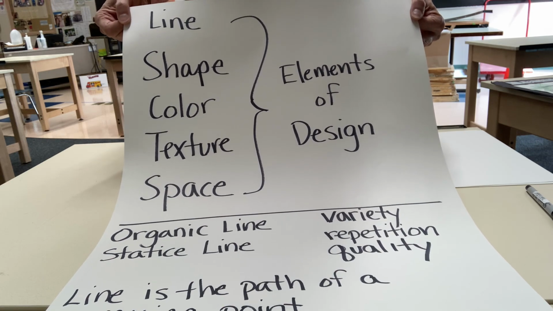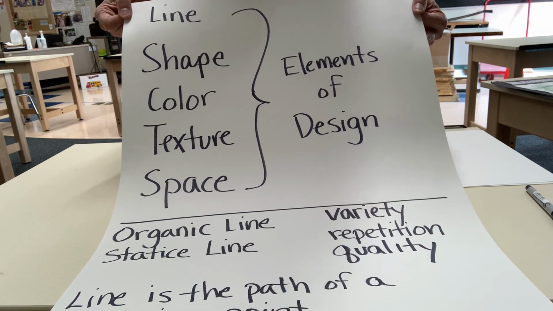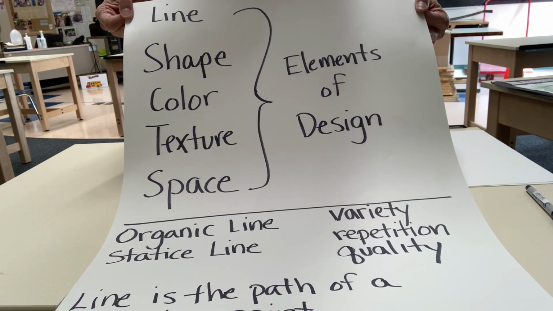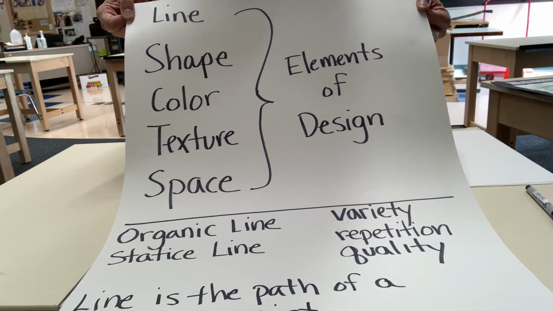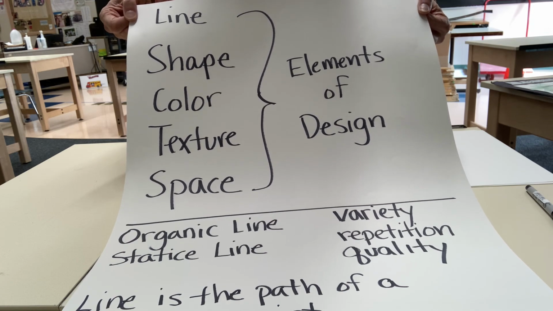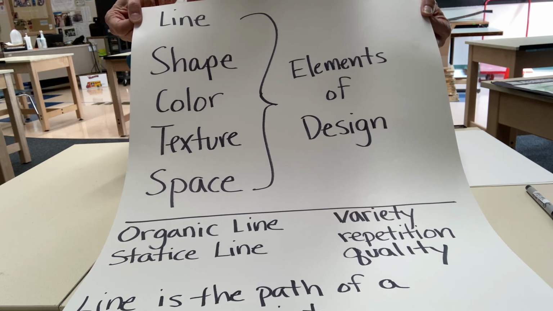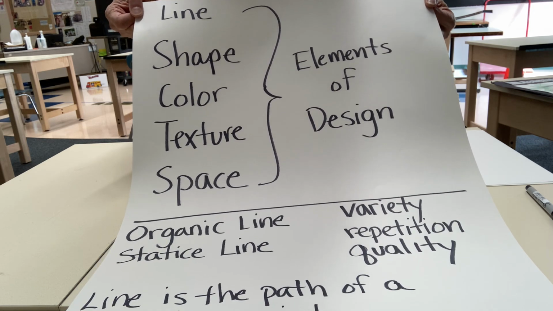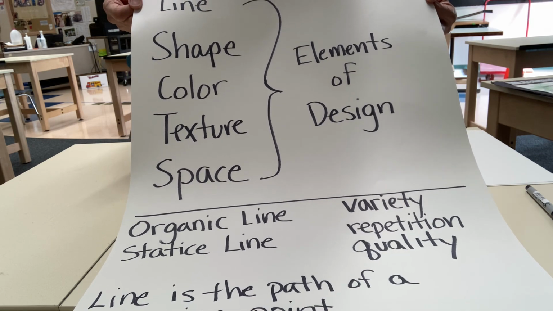For example, the first project, we are only going to use black and white. So there is no color. We aren't necessarily going to use shape by itself. We may use texture if you just happen to do it. It's not required. And the only thing that we're going to learn about space with this project is using the entire paper.